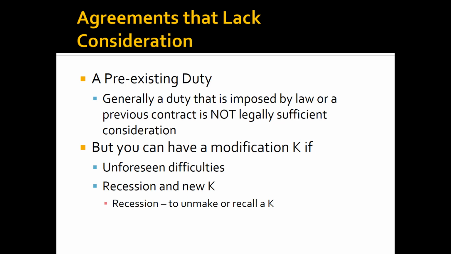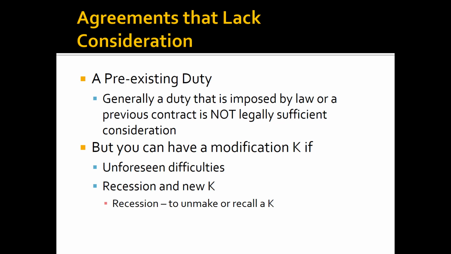If there is a duty that is imposed by law or previous contract, and you do it, that's not consideration for you to get more money. So if I have a contract that says you're going to paint my house for $1,000, and you come and say, all right, I painted your house, give me $2,000, or I'm going to make a stink, well, you've already done that.